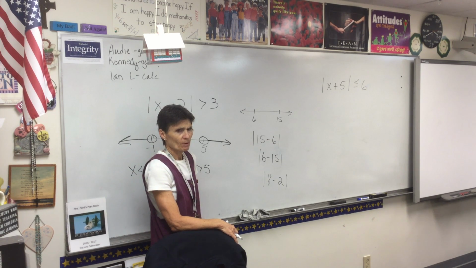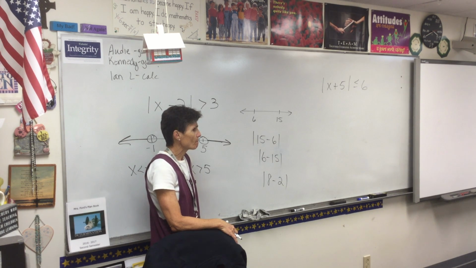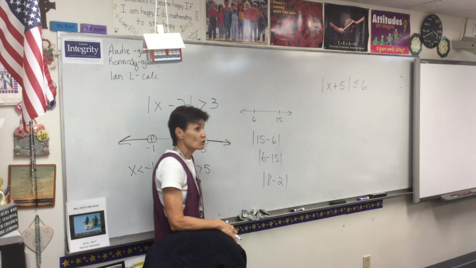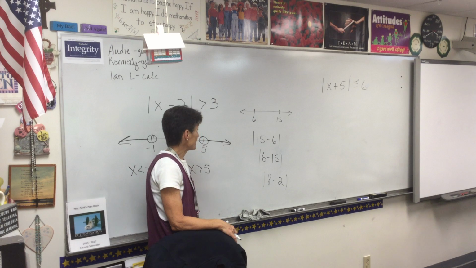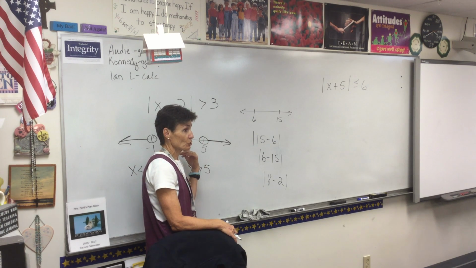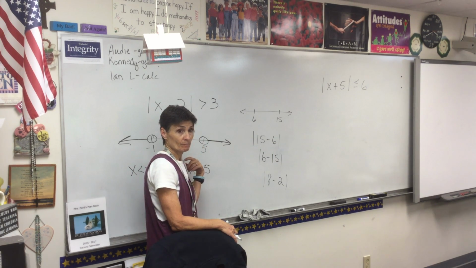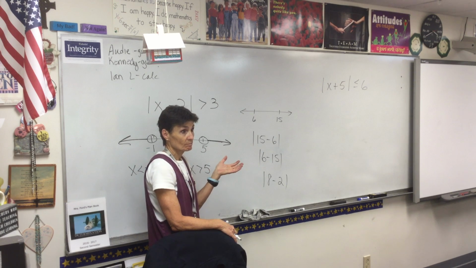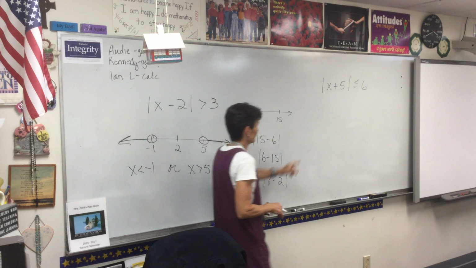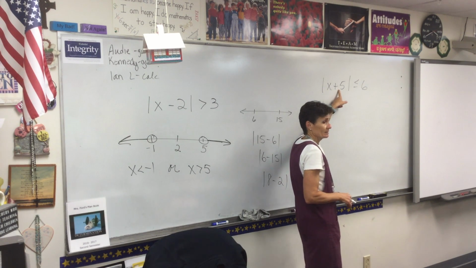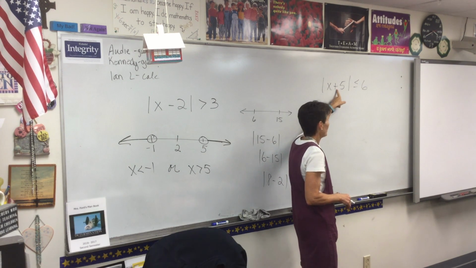A couple things different about this one. What do you notice about it? Is it a greater than or less than or equal to 6? Well, there's an or equal to, right? And this one. Do you have any idea what an or equal to might do in terms of my number line? Color in the dots? So I'm not going to worry about the or equal to. I'm a little worried about this. That's a plus.